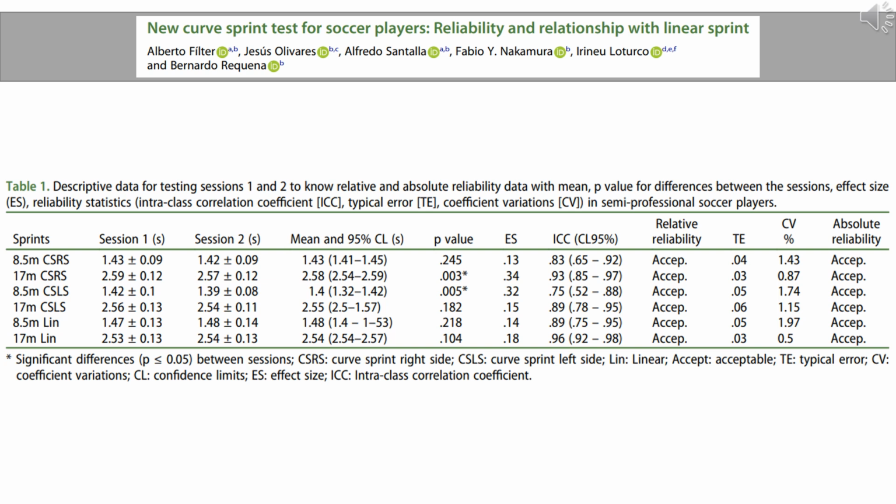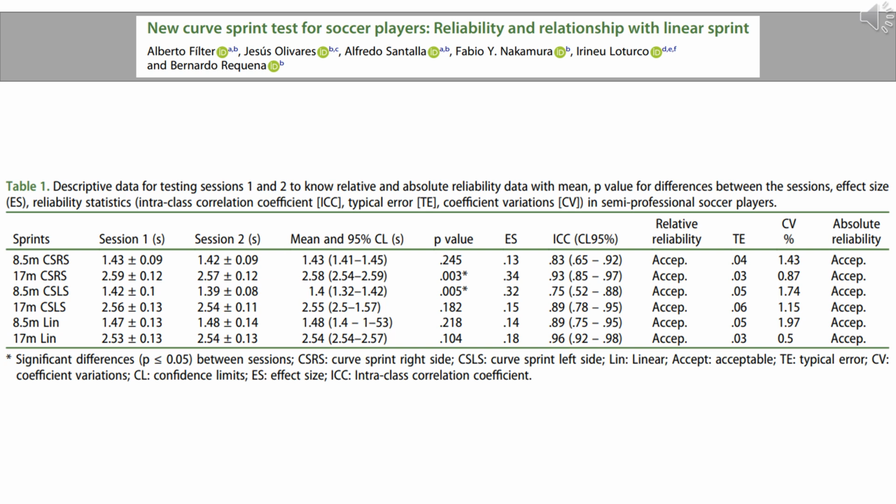CSRS means curve sprinting to the right side, and this means curve sprinting to the left side. And we've got that for different distances, 8.5 and 17 meters. And those reliability values and raw data values are then compared to linear sprinting, 8.5 and 17 meters as well.